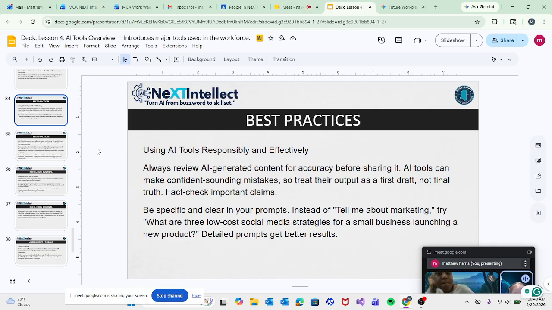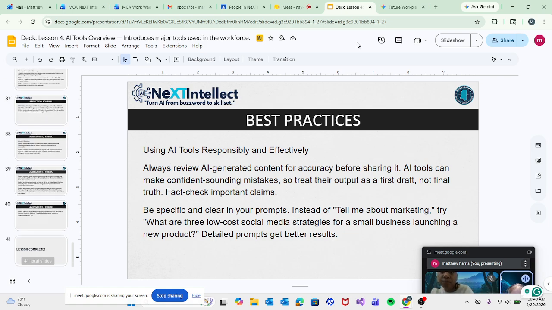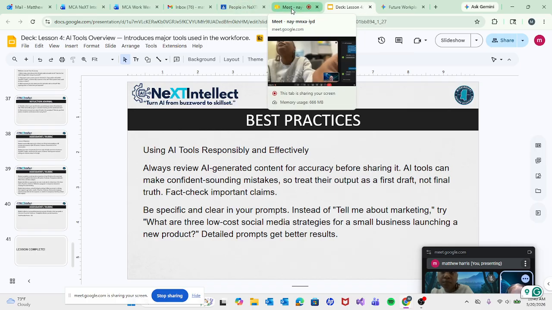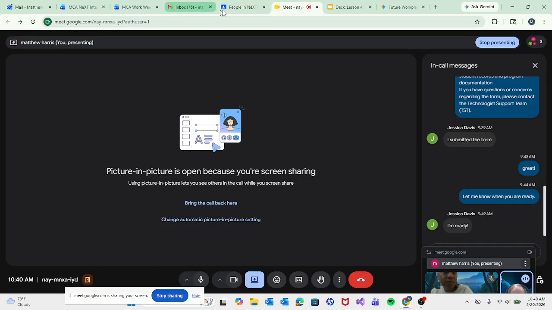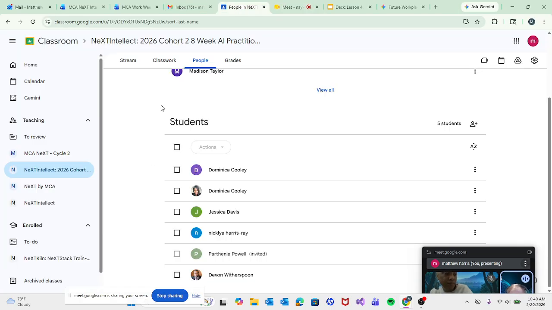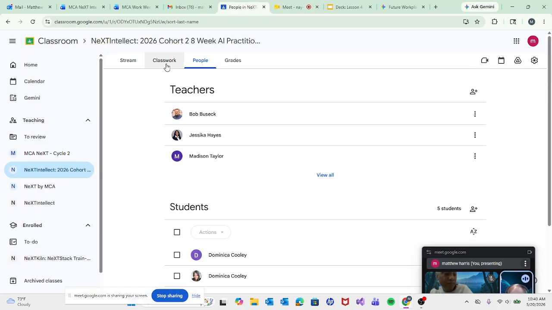So take a little time to think of a prompt you want to use and try it between those two tools, and that will complete the lab for that, and then we'll be able to start lesson 5.